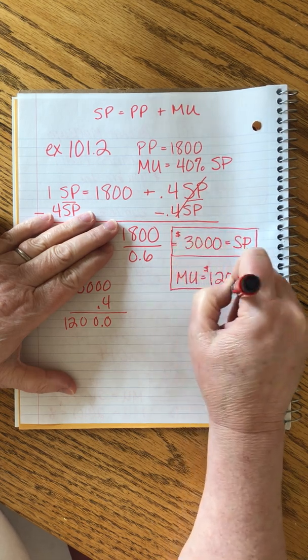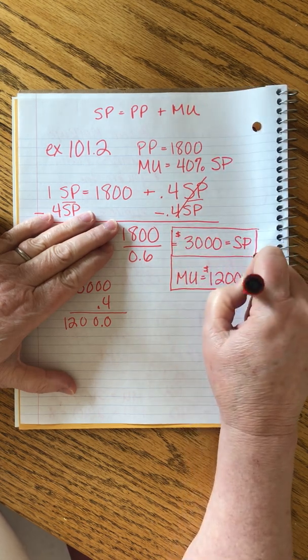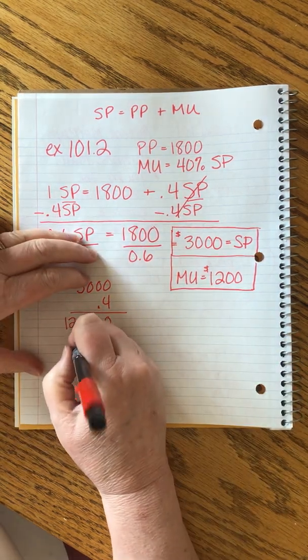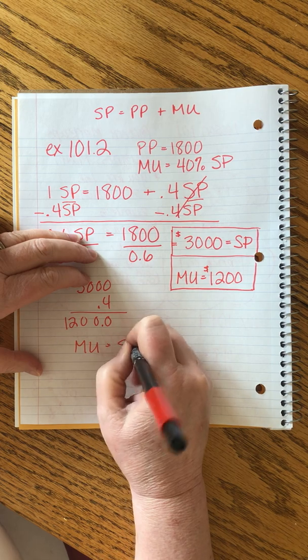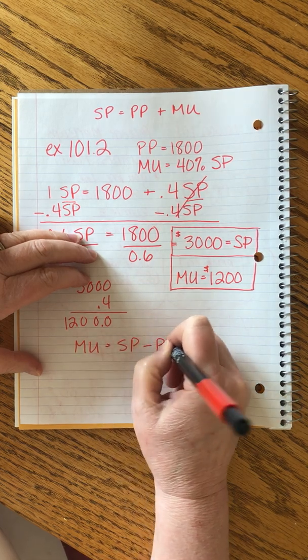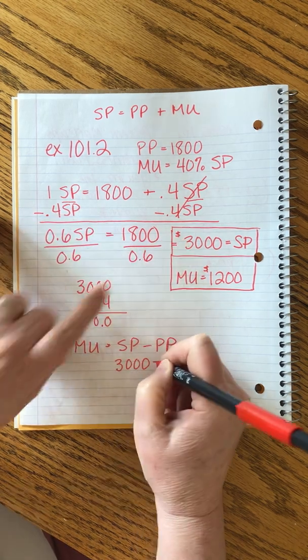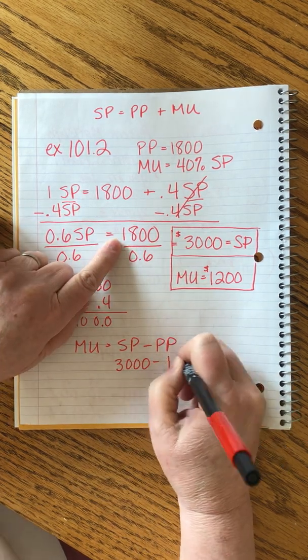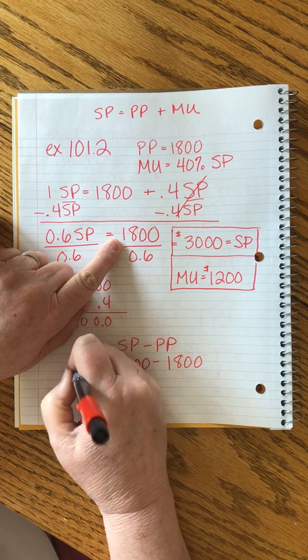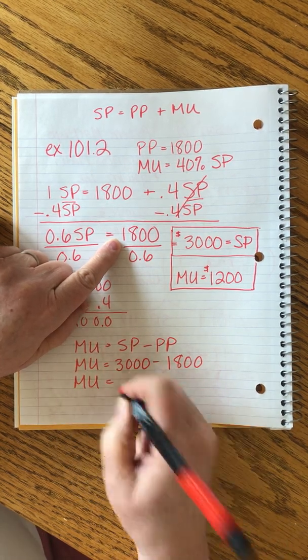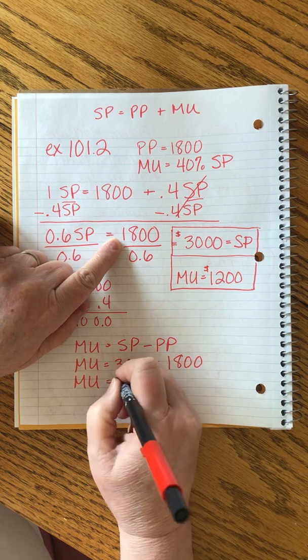And again, we could also have found that by saying the markup equals the selling price minus the purchase price. We found the selling price was 3,000, and we know the purchase price is 1,800. So this is another way we can calculate that the markup is $1,200.